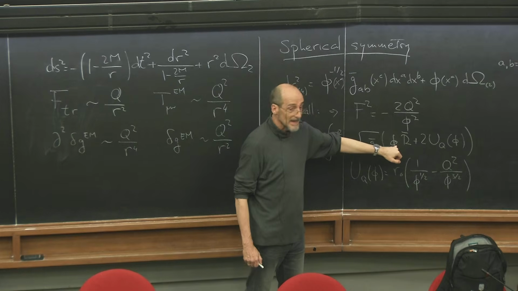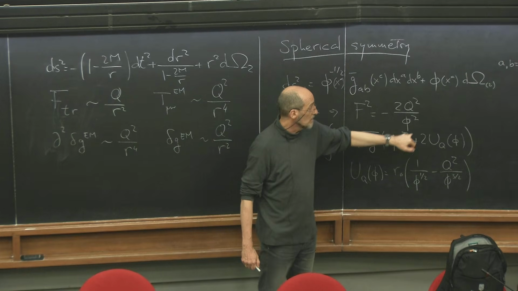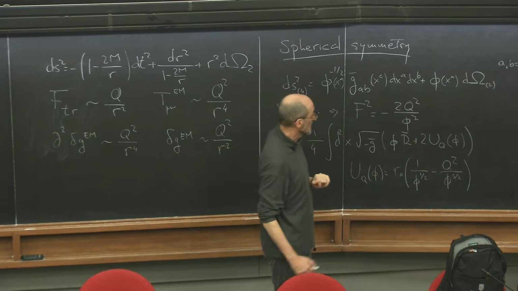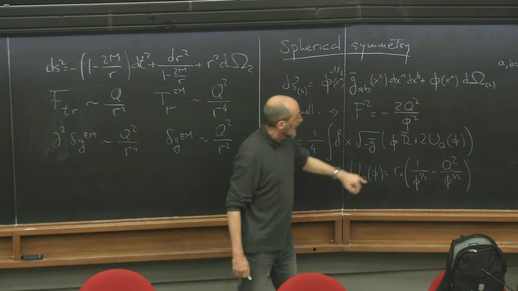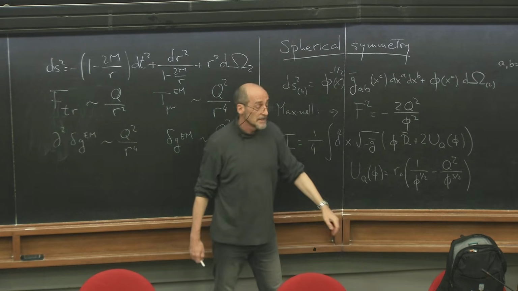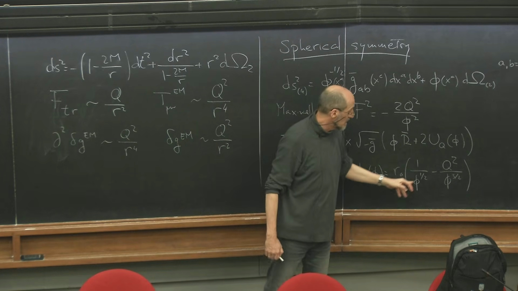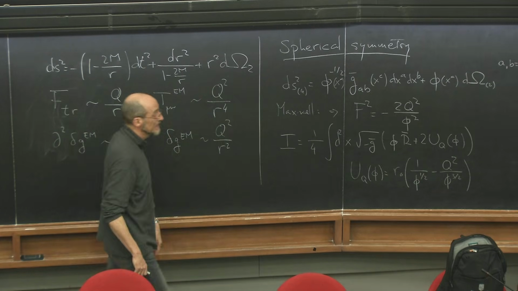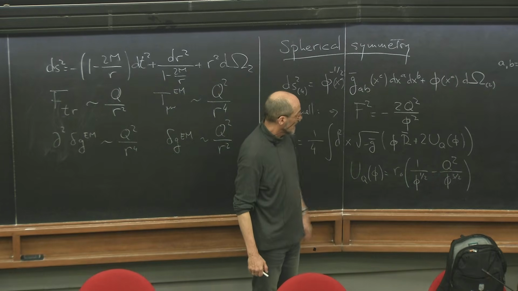It's multiplied by the value of phi, which you see is measuring the size of these two spheres. And then we also have this term that's a potential term for this field phi, for the size of the spheres. Okay? This potential takes this form here.